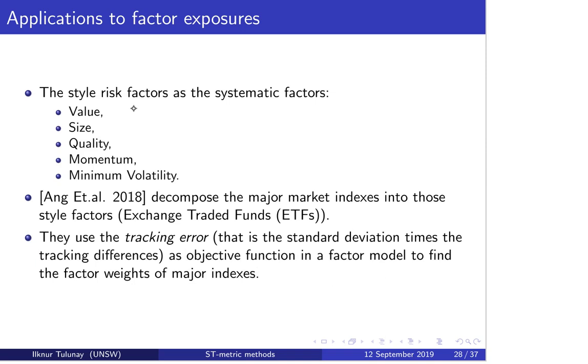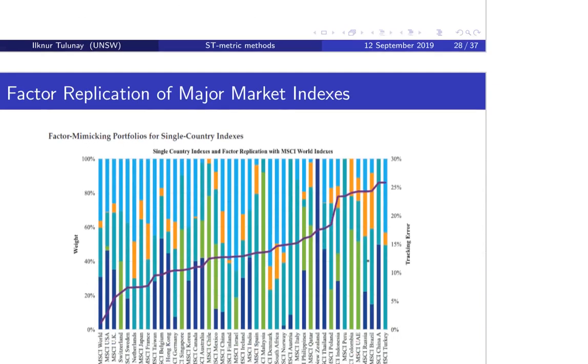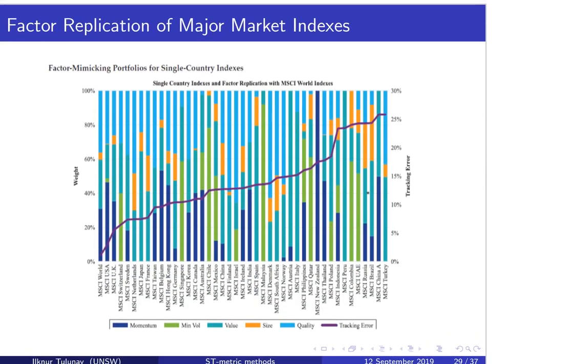Let's have a look. This is from their paper. There are so many countries. They looked at certain products, and they looked at momentum, minimum value, minimum volatility, value, size, quality, and these are basically weights, right?